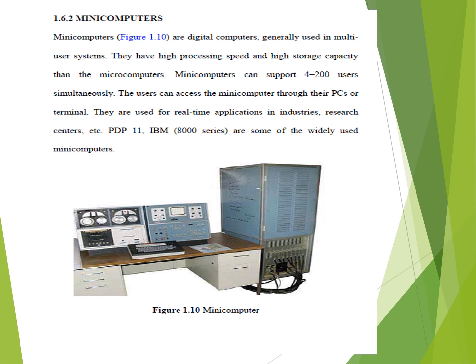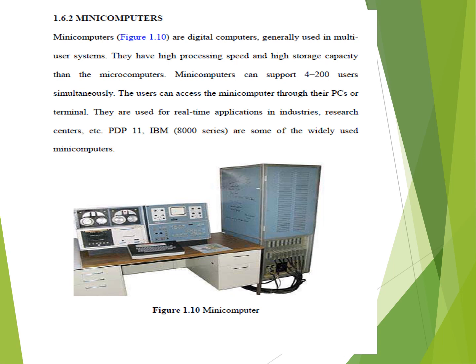Minicomputers are digital computers, generally used as a multi-user system. They have a higher processing speed and higher storage capacity than the microcomputers. Minicomputers can support up to 200 users.